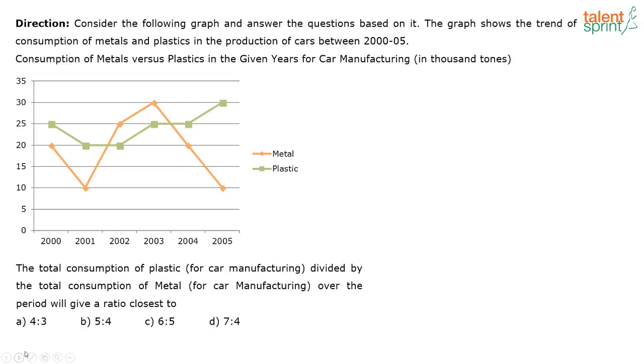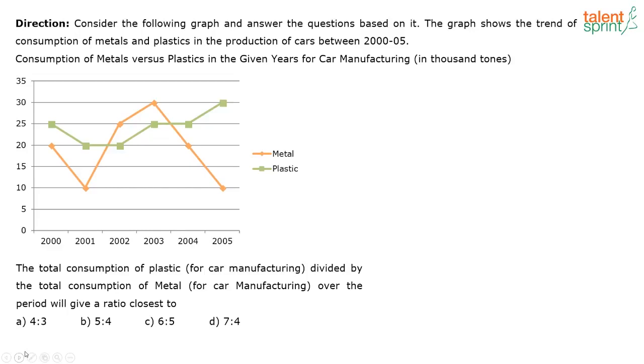So how do you add it? 20 plus 10, that is 30, 30 plus 25, that is 55, 55 plus 30, that is 85, 85 plus 20, that is 105, and 105 plus 10, that is 115.